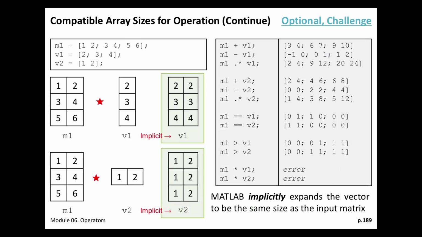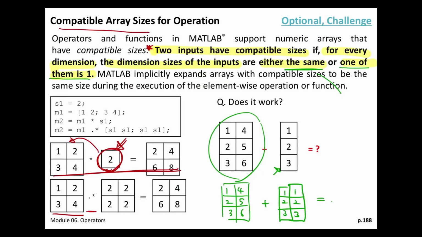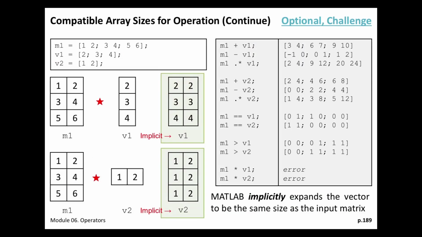Many operators support this comparable size option. M1 and V1 are comparable sizes because, as I already mentioned, the row size is the same and the column size is 1.